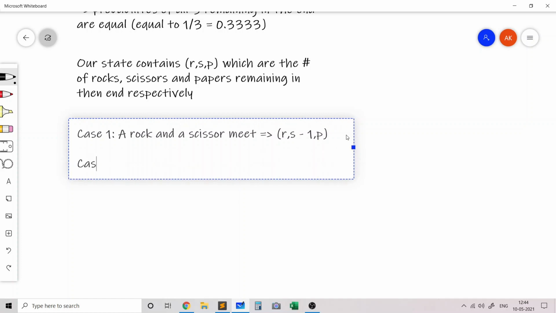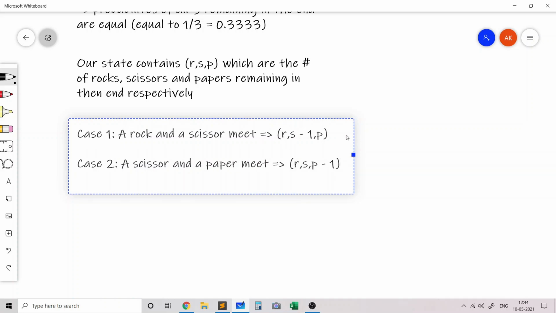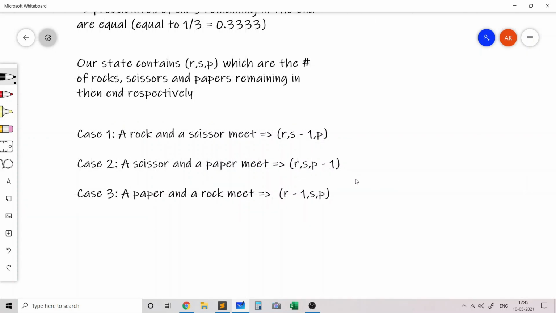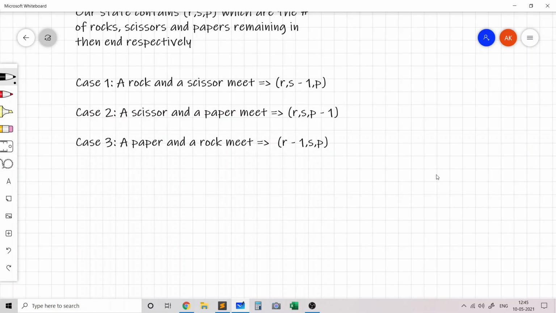Similarly, in the second case, we would have a scissor and a paper meeting. This implies that the new state would be R, S and P minus 1, because a paper would lose against a scissor. And in the third case, we would have a paper and a rock meeting. This means that the new state would be R minus 1, S and P, because the paper would kill the rock. And these are the 3 transitions we need to make.